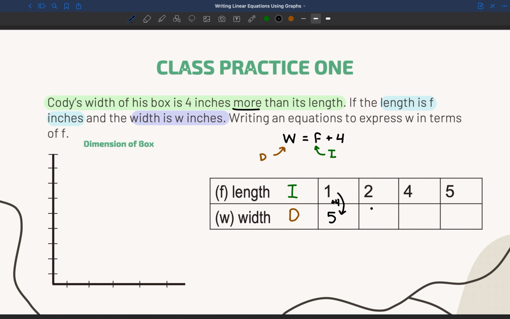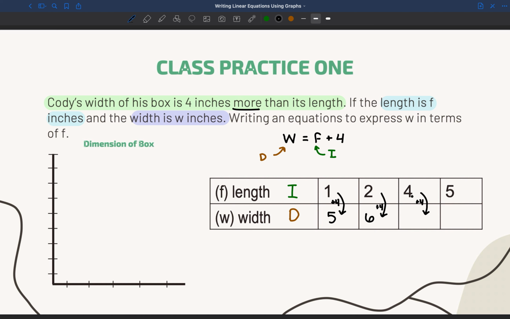Do the same thing with 2. Whenever the length is 2 inches, the width would be 4 inches more than that. So we would have to do 2 plus 4, which would give us 6. And then for 4, we would do the same thing, 4 plus 4.